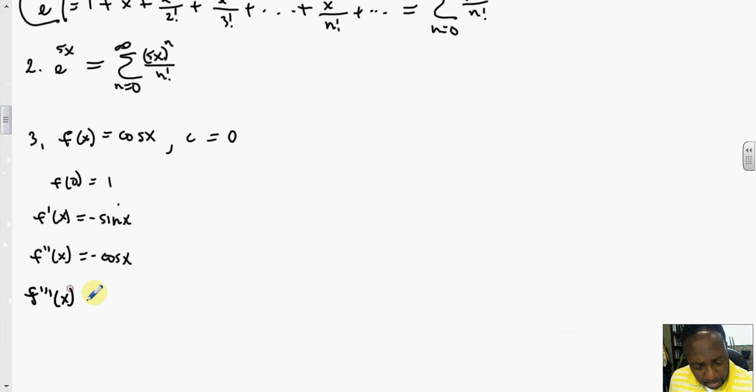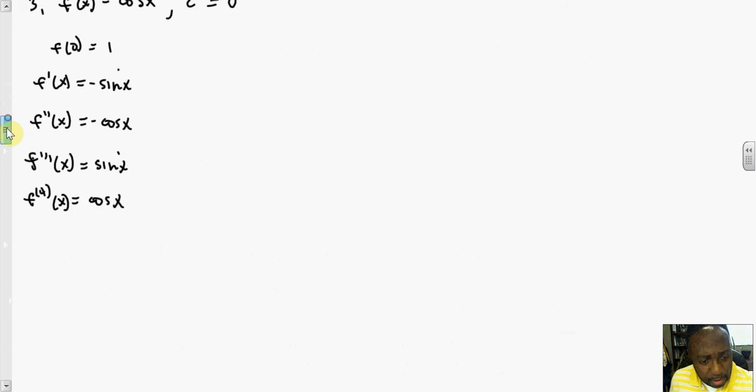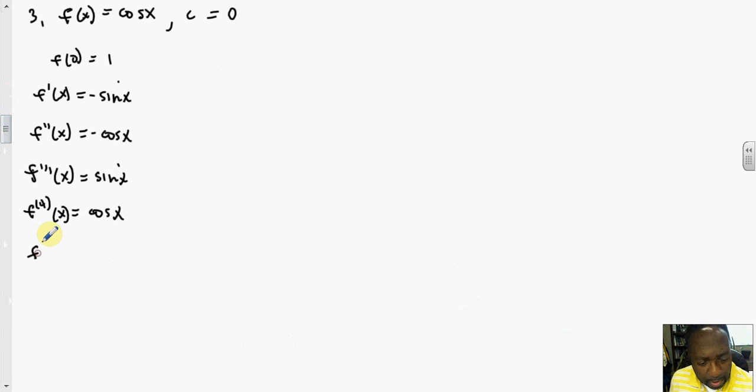F triple prime of x is equal to sine x. The fourth derivative of x is equal to cosine x. You work till you see the pattern. Fifth derivative, negative sine x. Get just one more. Sixth derivative, evaluated at x, is negative cosine x.